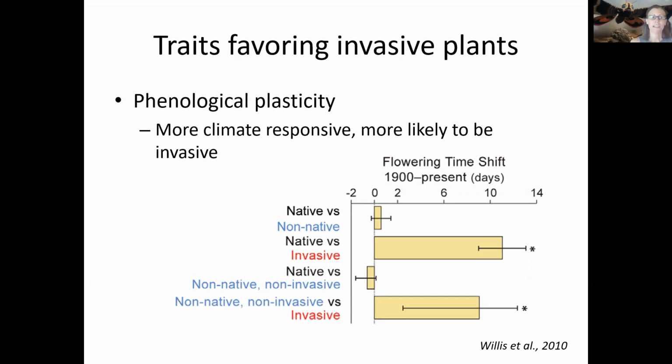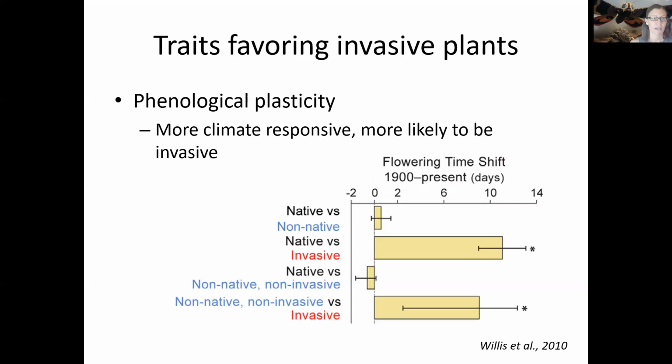So phenology refers to repeated biological events. A phenological event could be the time when chickadees lay their eggs, the time when cottonwoods release their seeds, those types of things. One important phenological event is when a plant flowers.